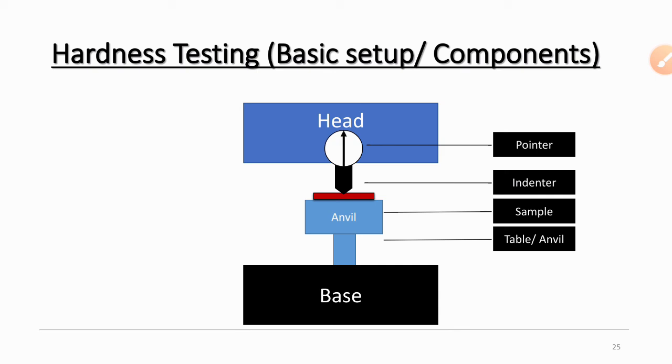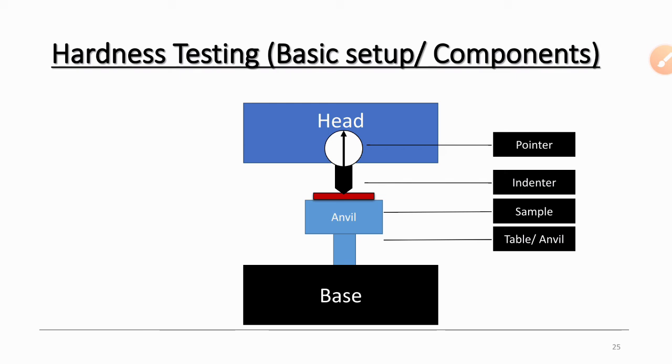With the application of major or minor loads, the indenter comes in contact with the sample, and there is some penetration, or depth of penetration, or area of penetration. So after this major or minor load application, we have some indentation there.